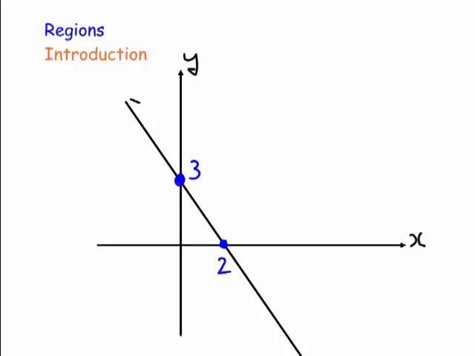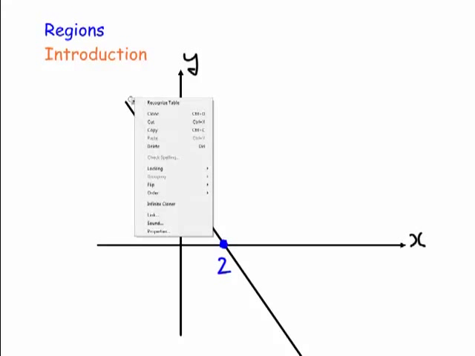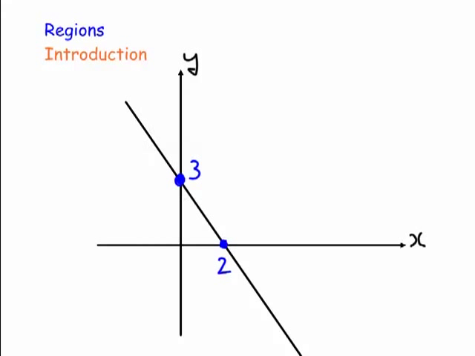What is the equation of this line? We know its slope is 3 over 2. We know it goes through 3. But we know the line is bending backwards. We know it has a negative slope. So its equation would be y is equal to minus 3 on 2x plus 3, and its y-intercept is 3.